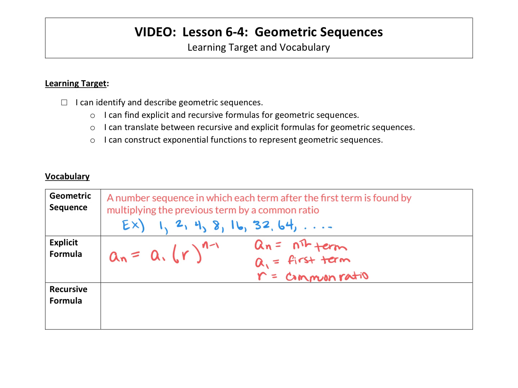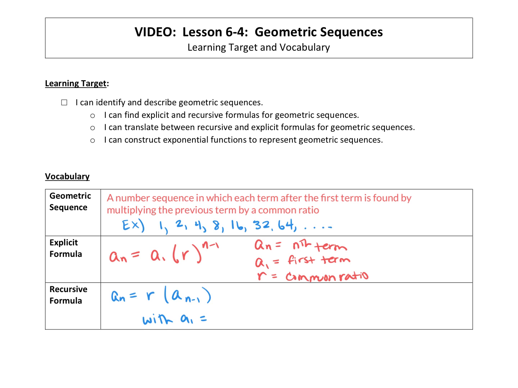Okay, so what is the structure of a recursive formula? a sub n equals r times a sub n minus 1, and then we're going to add on with a sub 1 equal to something. So when you write a recursive formula, basically you are just telling everyone what to do to the previous term.